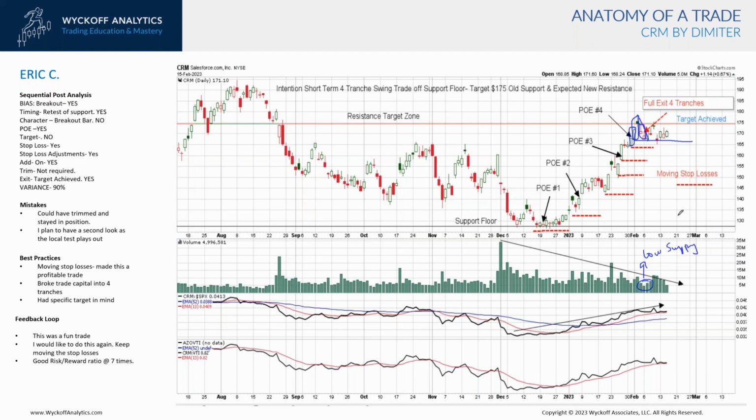There's low supply. So we're just not seeing, as you mentioned, does this look threatening? Not at this point. So I think if we read Eric's note above, he says this was a short-term swing trade. Yeah. So his intention was to get out basically when price reached resistance, and that's fine.